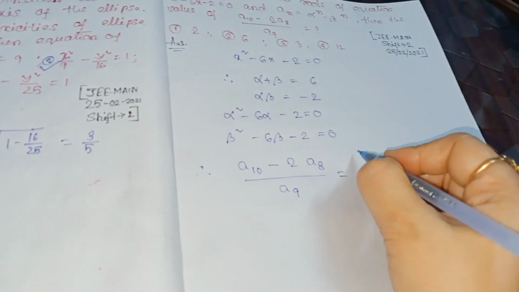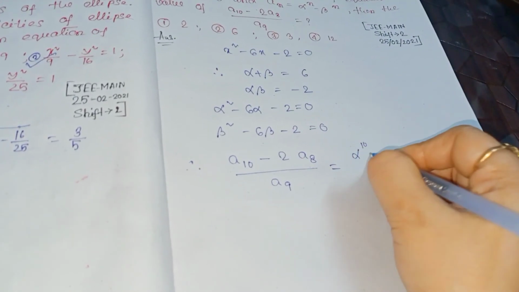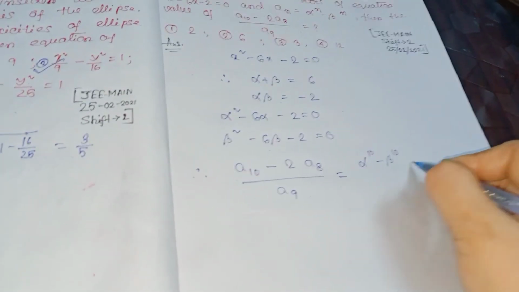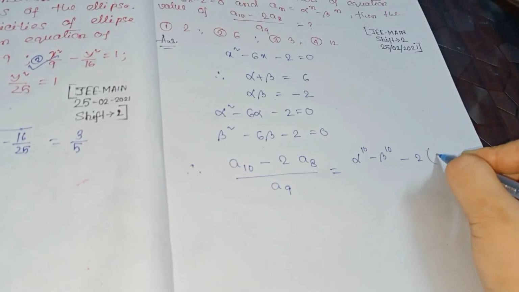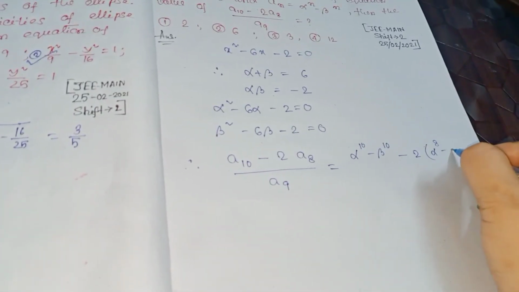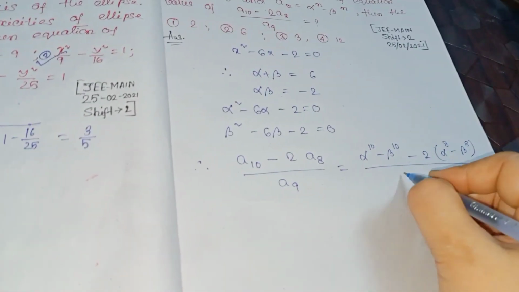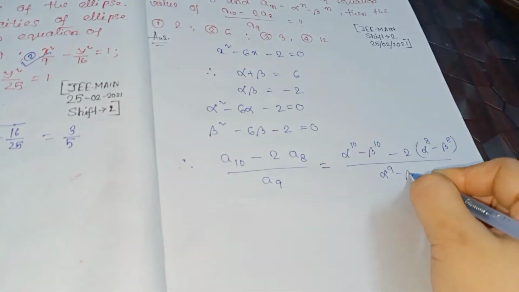So a10 is alpha to the power 10 minus beta to the power 10, minus twice of a8, which means alpha to the power 8 minus beta to the power 8, divided by alpha to the power 9 minus beta to the power 9.